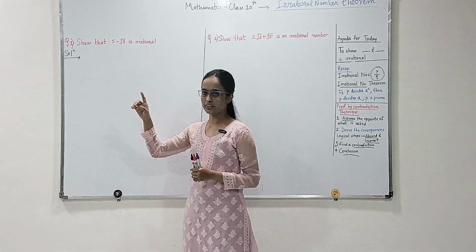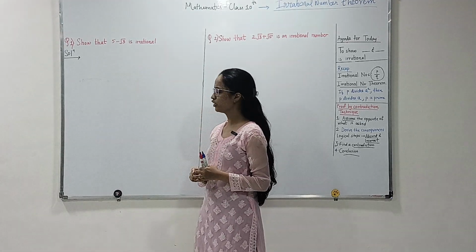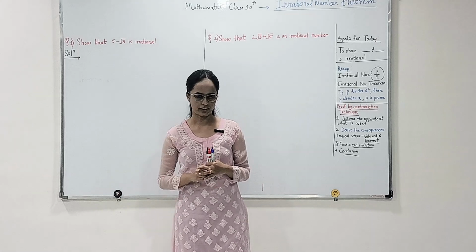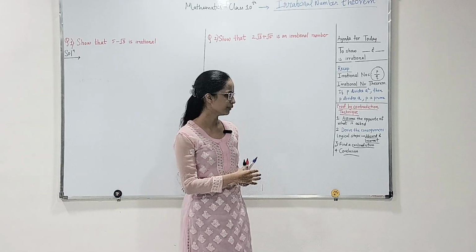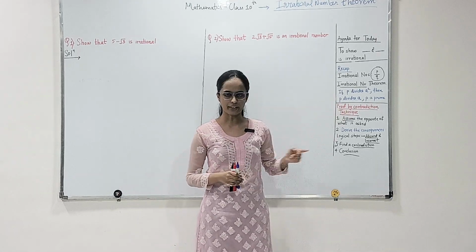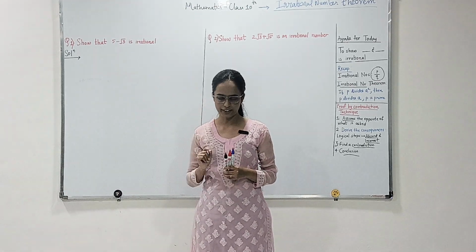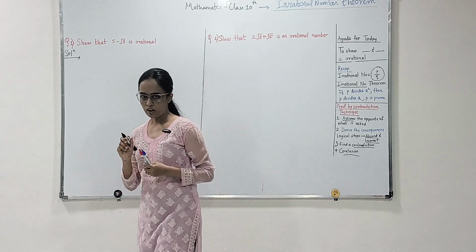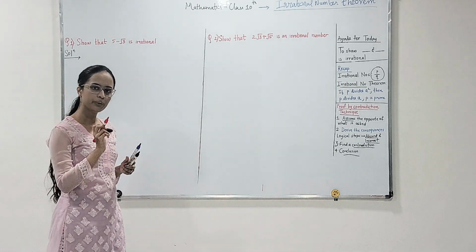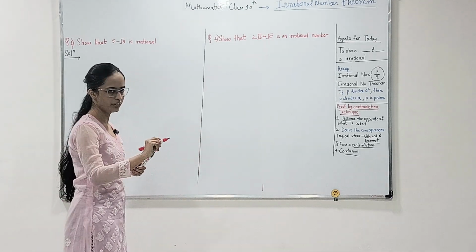The first question is, you have to show that 5 minus root 3 is irrational. As I have told you, we are going to use the contradiction technique in order to show that the given number is irrational. So, in step number 1, we are going to assume the opposite of what is given to us.